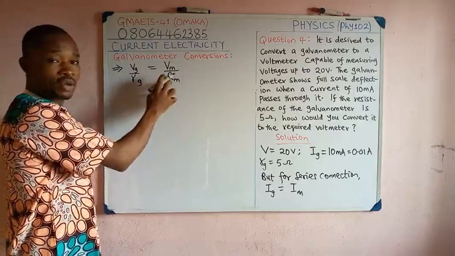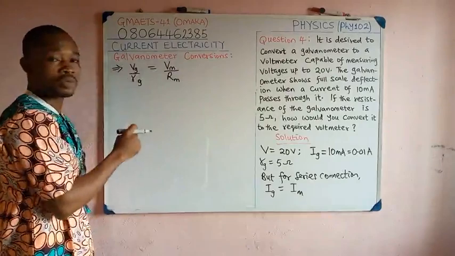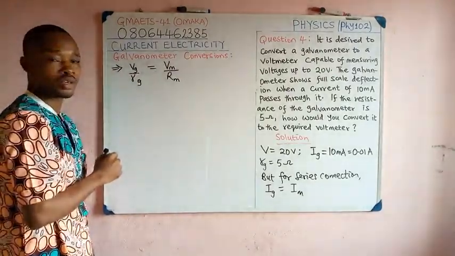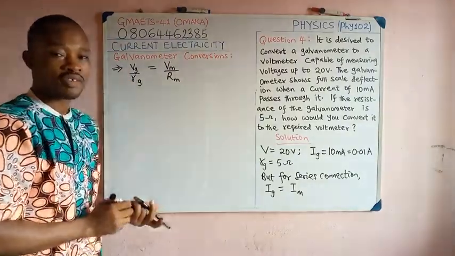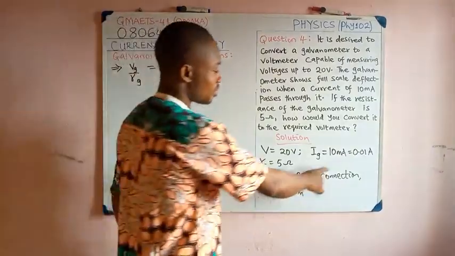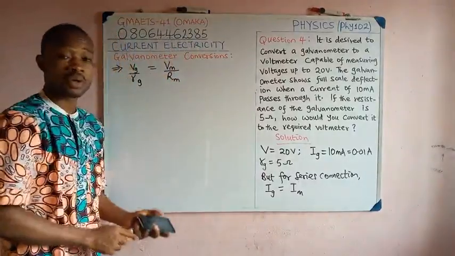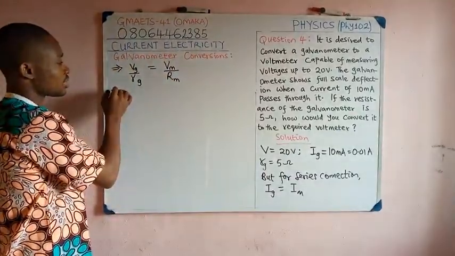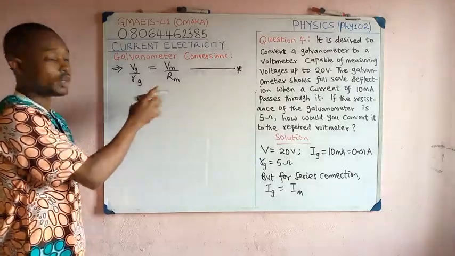This is what we are looking for, R multiplier. So we would find a way to get Vg and V multiplier. We know the resistance of the galvanometer already. So how do we get the voltage of the galvanometer, being that we know its resistance? Take note that we know the current flowing through the galvanometer. The same current is flowing through the multiplier. Can I say that? So take note of this equation, please. That's what we're going to use to solve our problem.